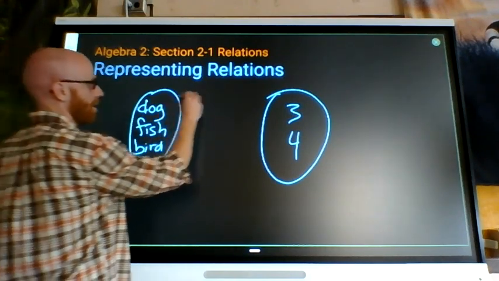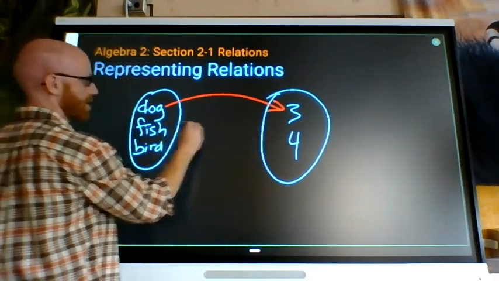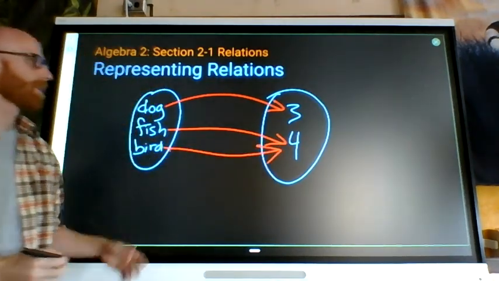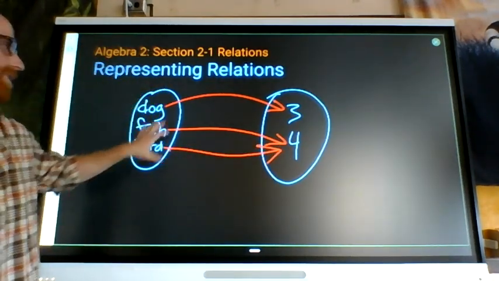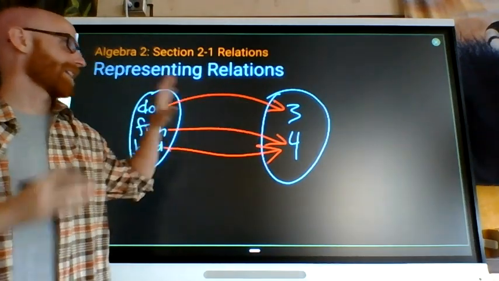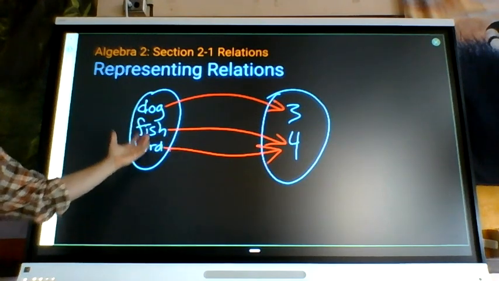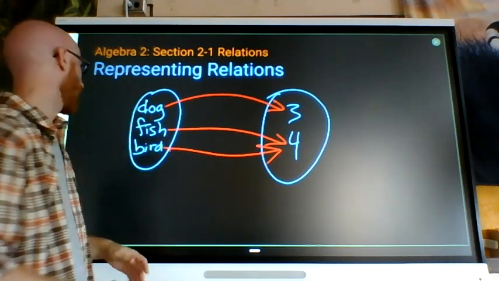So dog, 3 letters. Fish, 4 letters. Bird, also 4 letters. One set of values, another set of values, connected according to some rule. In this case, the rule is how many letters does the input have?